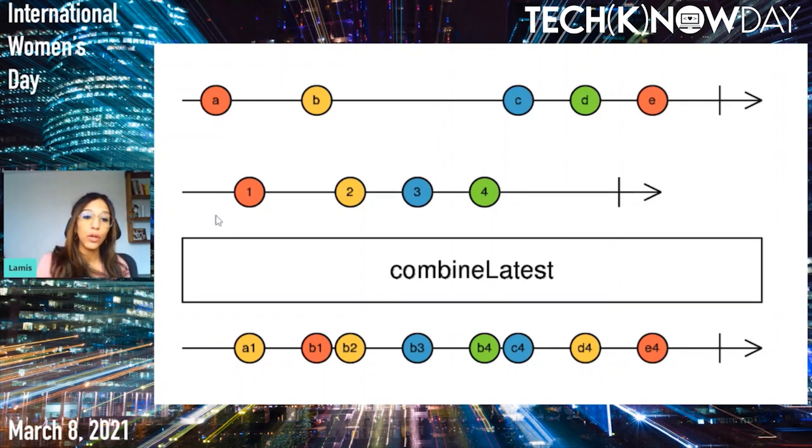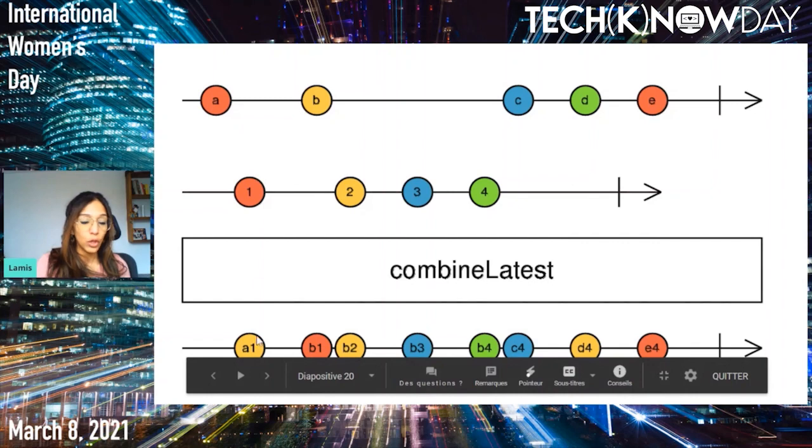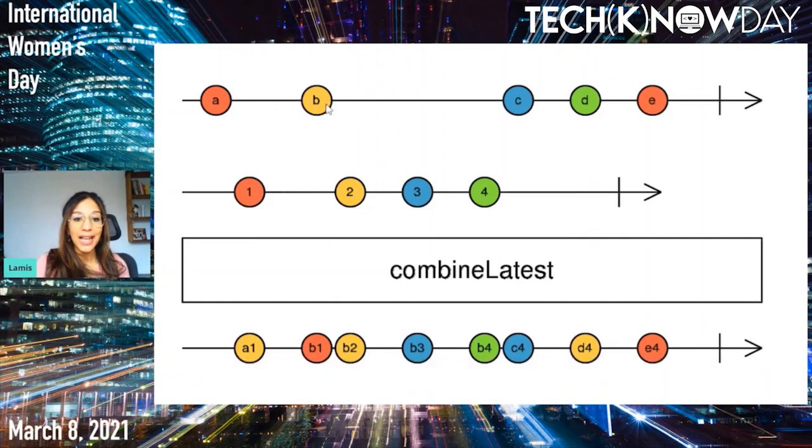And here is an example. At this level, I have A and 1. Later on, this observable has emitted a new value, which is B. So I have to notify my subscribers that there's a new value, B. It will check the others to see if they emitted a new value or not.